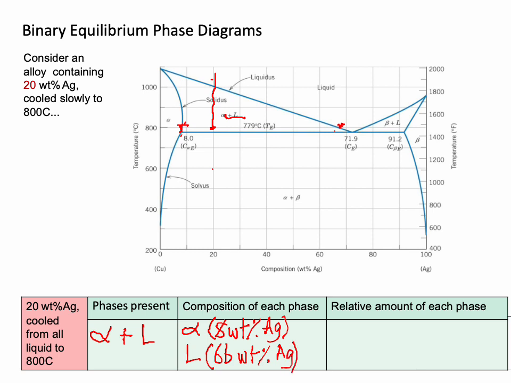All right, and then for our lever to calculate the relative amount of each, I've got my line. My fulcrum now is at 20. My alpha is, I said, at 8. And my liquid is at, we called that 66.